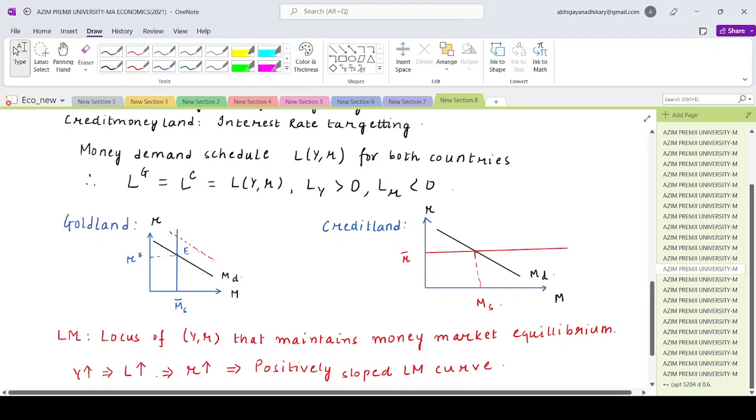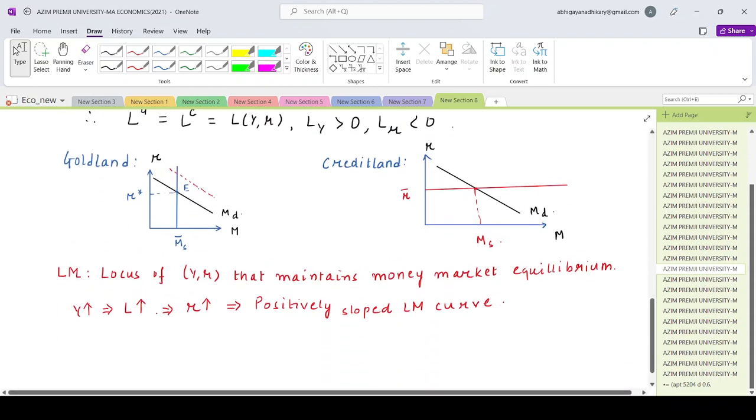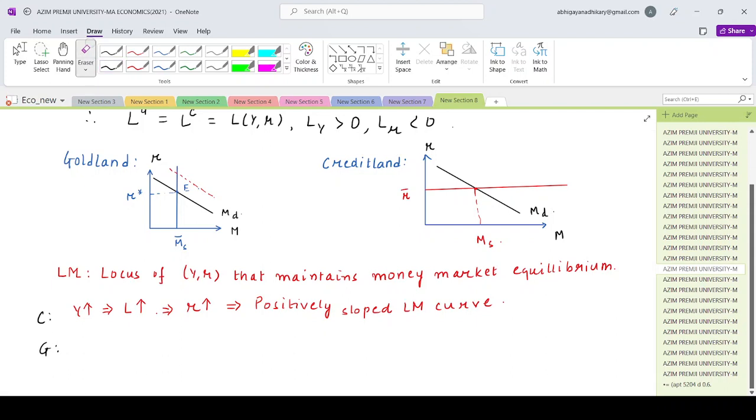The first one is for Gold Land, and the second one is for Credit Land.